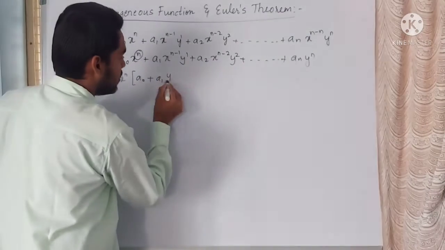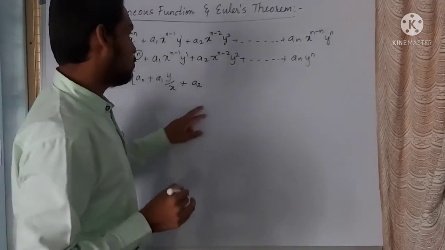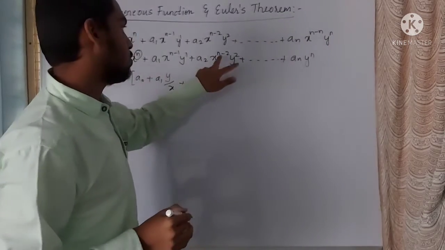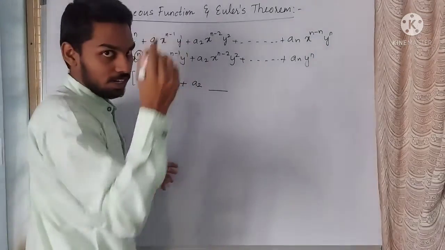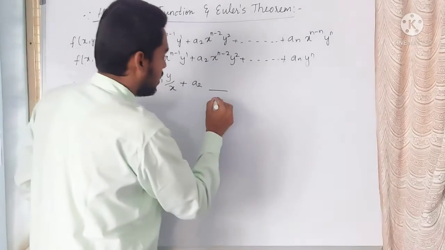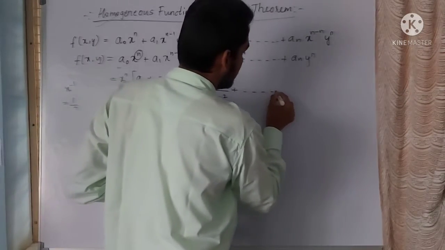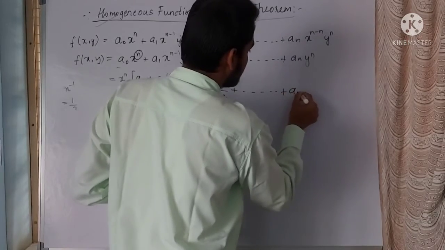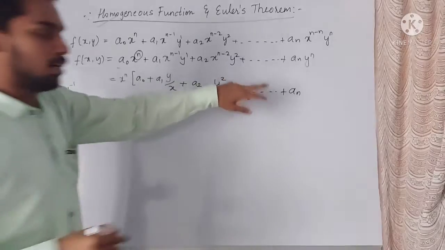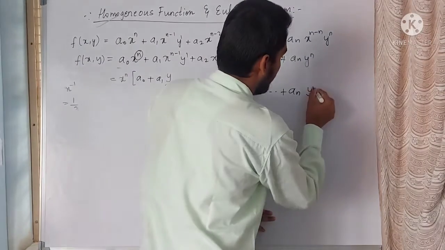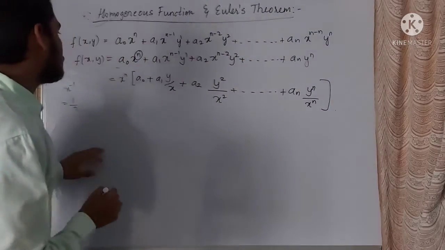So y and x, plus is 2. Then if I take x raised to n common, only x raised to minus 2 remains. Taking it into the denominator, it becomes x square, and this remains as y square. In a similar fashion, for a raised to n, since I have taken x raised to n common and there is no x raised to n term, I need to divide the term by x raised to n. So this is how we can do it.